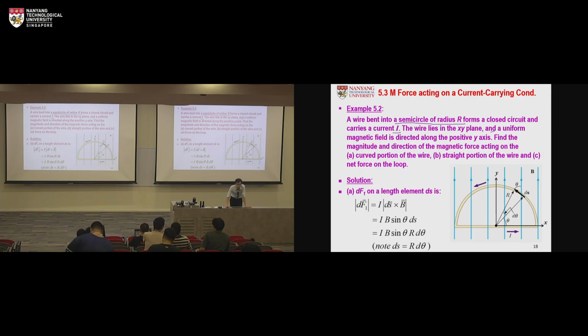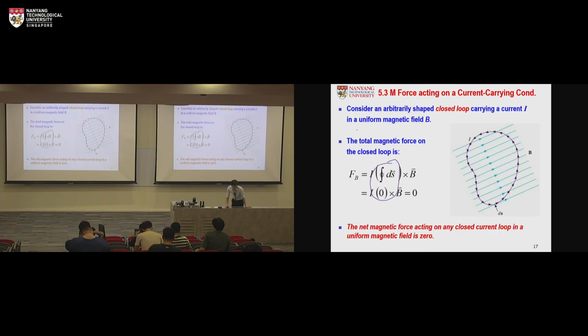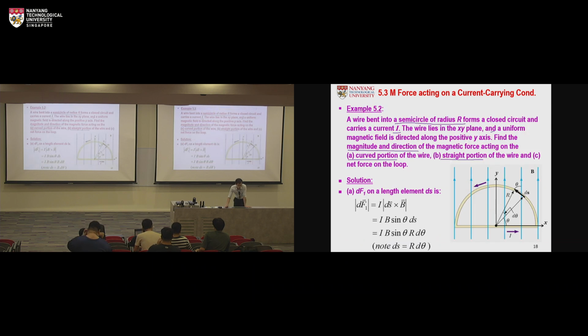There's a constant I. You are asked to figure out the magnitude and direction of FB on these two portions, the curved portion and the straight portion. If you still remember this, then immediately you can tell that F1 plus F2 should be 0, right? The net force should be 0 because it's just a closed loop.